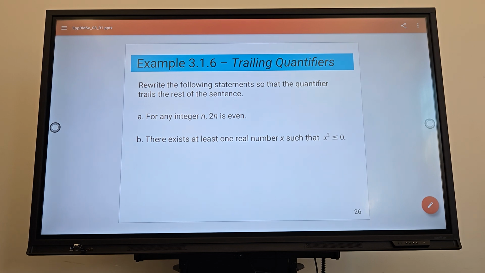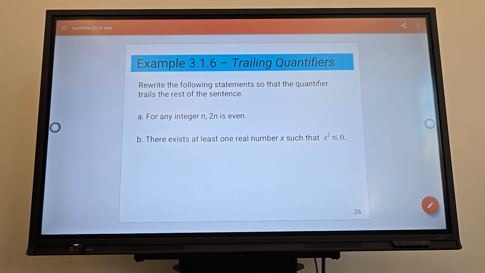Now, trailing quantifiers. You don't have to put the quantifier first. For example, for any integer n, 2n is even. You just flip the clauses around and say 2n is even for any integer n. The quantifier follows the predicate.